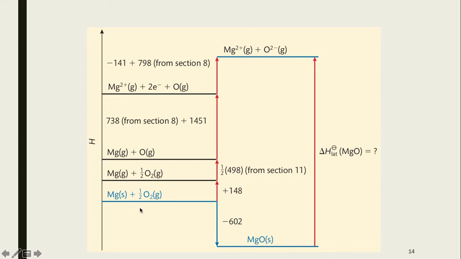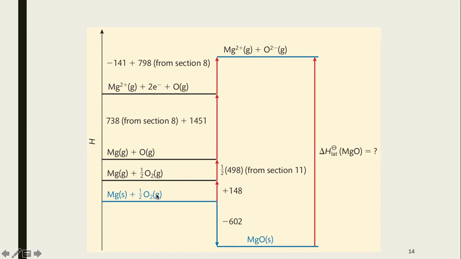From those elements in their standard state, we can then do enthalpy of formation to get the solid ionic compound. That is where the -602 comes into play. We can see that the arrow is going down because it is negative. It is an exothermic reaction here.